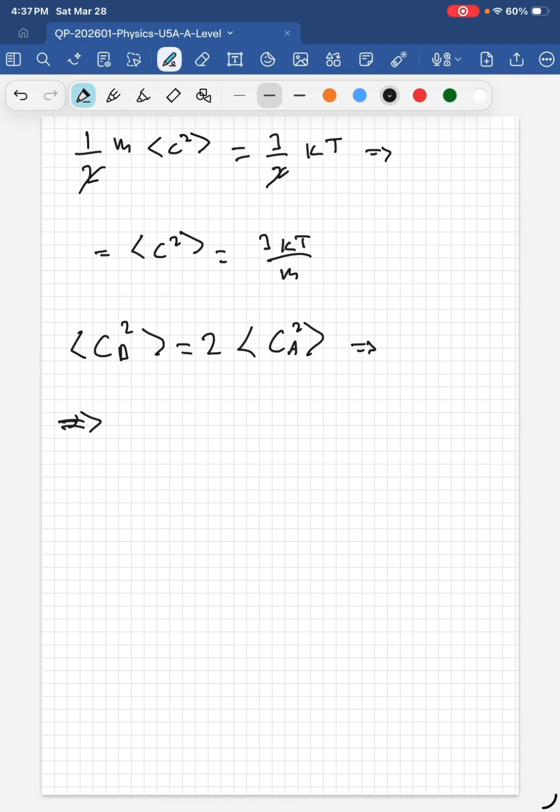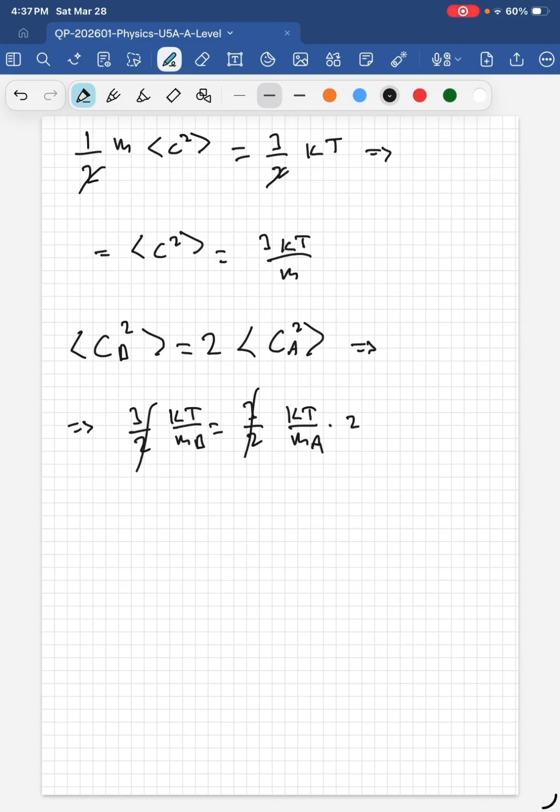The temperature is the same, so we have 3/2 kT over mB is equal to 3/2 kT over mA times 2.